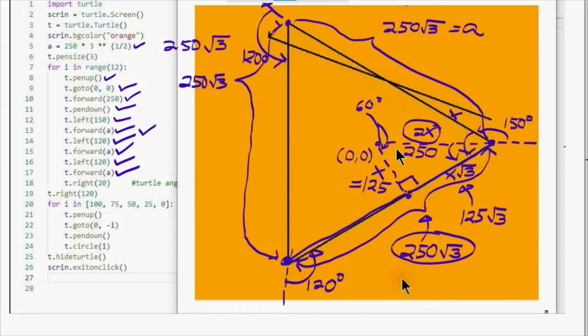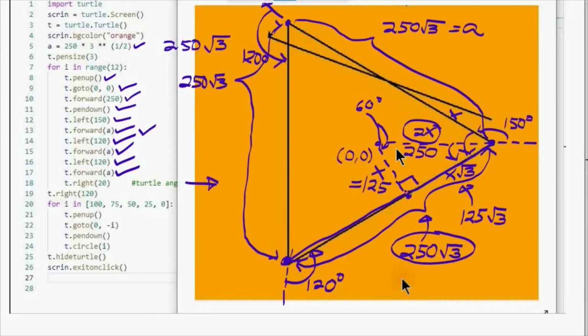Now once we are done with one full triangle here, we will draw the second triangle. Now the second triangle should not be the same triangle that we drew here first. What I mean is that it is a bit off from the radiating line here. What we need to do is make the turtle be reoriented so that it goes back to the orientation like this.